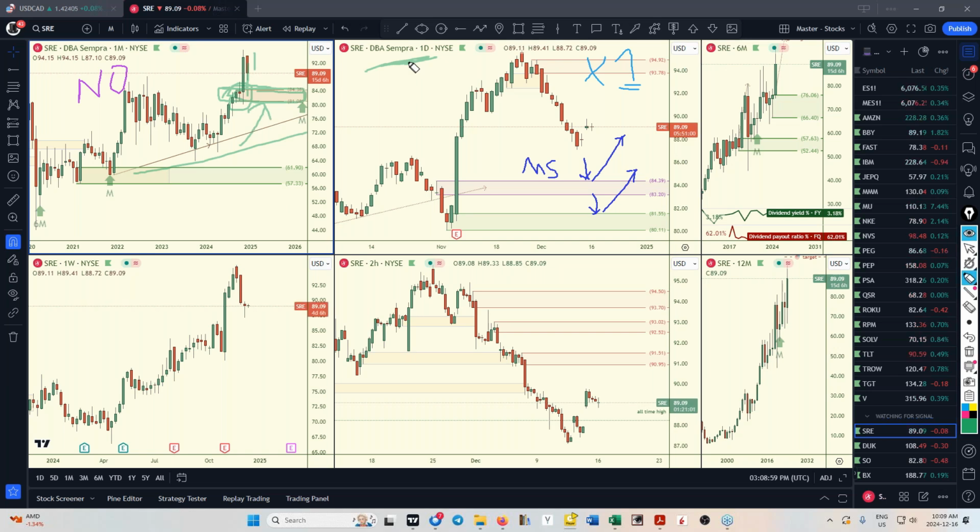You're veering off the path that you should be staying on. Our path tells us to stick with the monthly time frame. You go on any other time frame without this monthly time frame being valid, you're in trouble. If that monthly key zone does not become valid, then you better not be looking at any other time frame, because if you are, you're going to get hurt.